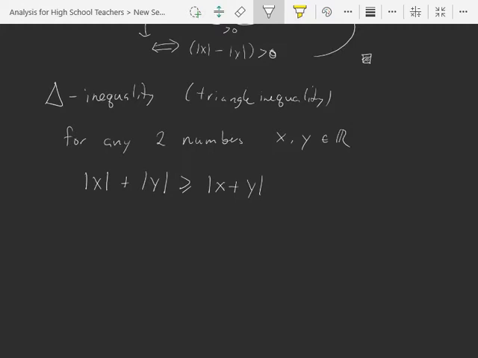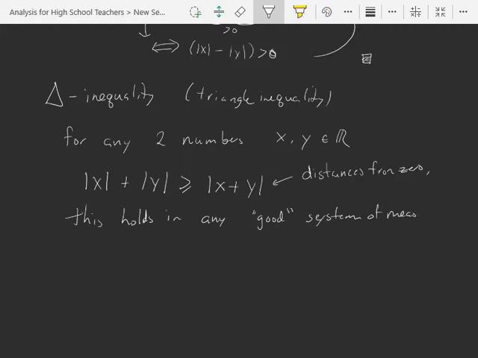I said any two real numbers. That's fine. If we think of these as their magnitudes, their distances from 0, this holds in any good system of measure.